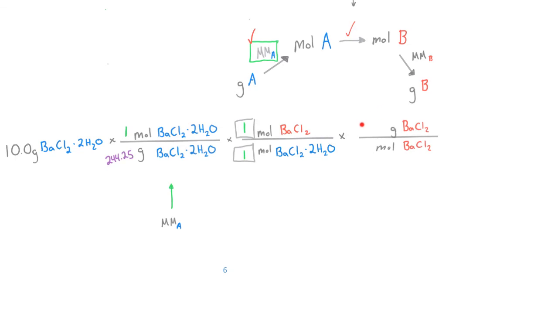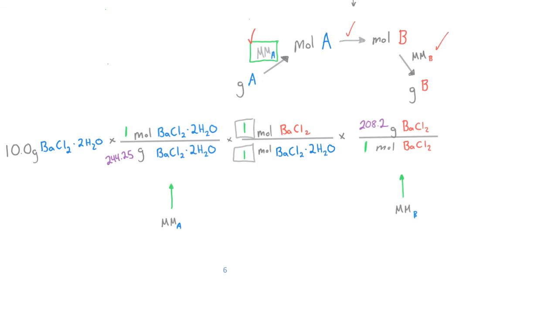Now we just need to find the right values that belong in these places for our conversion factor. Where do we find those values? Well, that's right, it's the molar mass of barium chloride, so we just have to add up all of the individual atomic masses. So if we add up barium and 2 chlorine atoms, we get 208.2 grams for each mole. And that completes our third step.